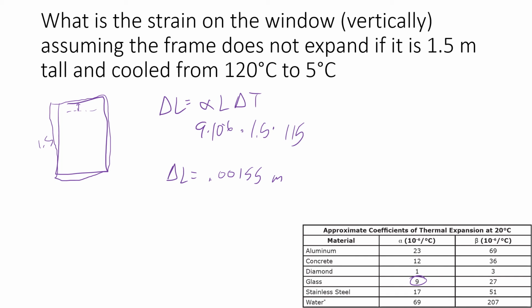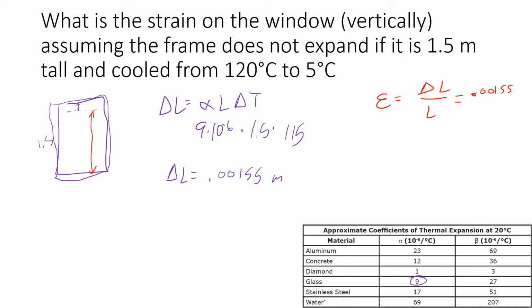Now what we're going to do is plug that into our strain formula here. So strain is going to equal delta L over L. Our delta L is 0.00155. There we go. And our L, our original length, is going to be this guy here.